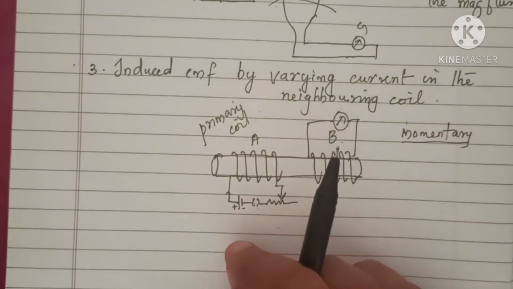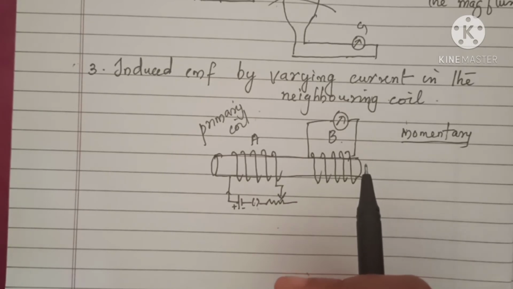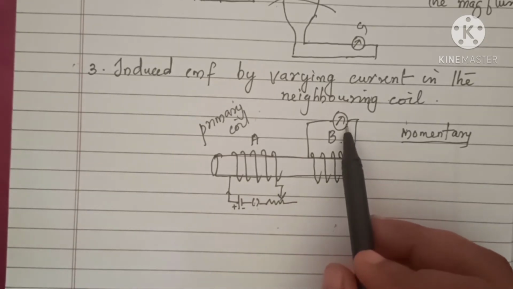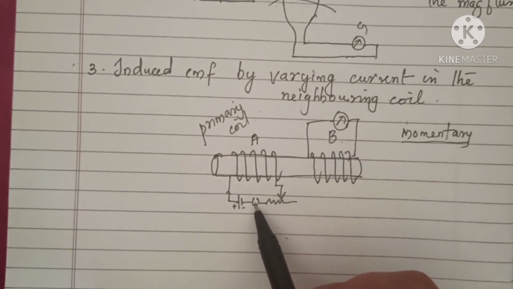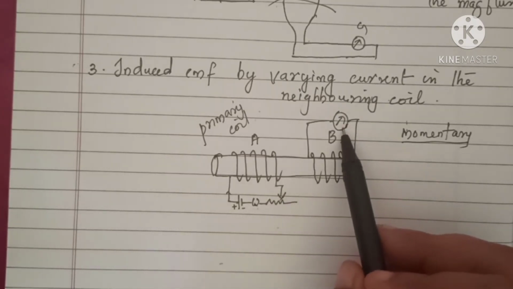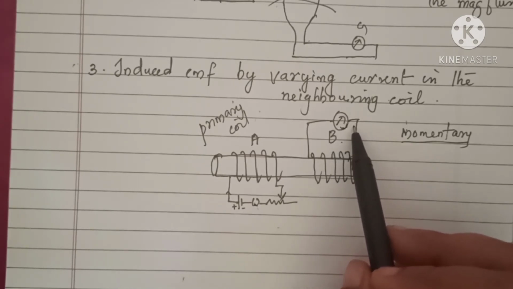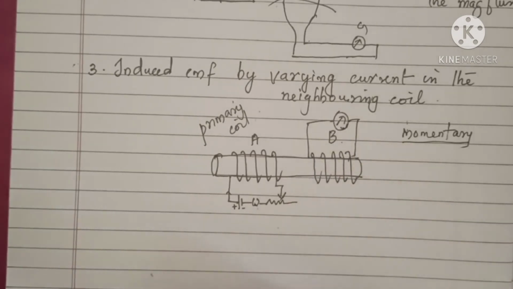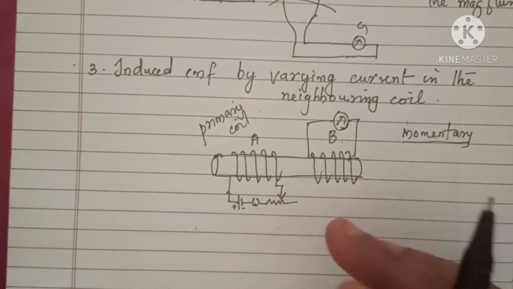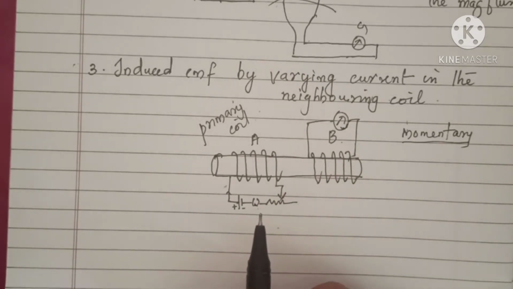Then when you are releasing the key, it again shows a momentary deflection in the opposite direction. So by switching on and switching off, you can see a very small momentary deflection in the galvanometer, once to the right and the second time to the left. Clear? That is the first observation.